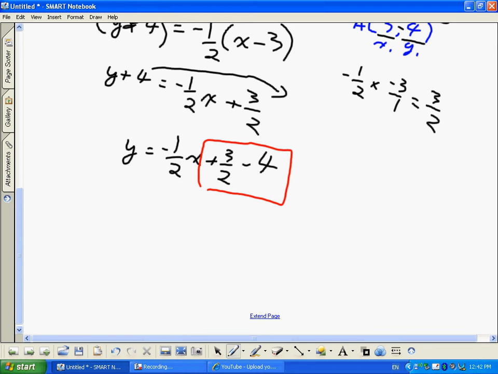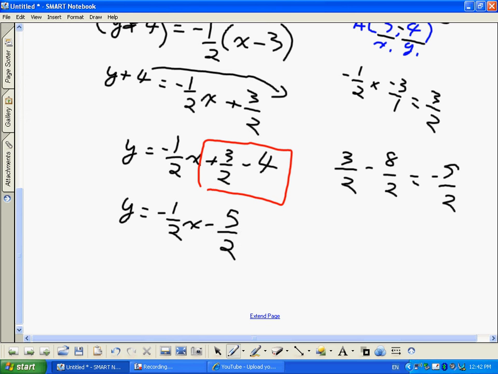I'm going to turn the 4 into a fraction, or I could have turned the 3 over 2 into a decimal number, whatever you guys want to work with. The 4 becomes 8 over 2. So this becomes negative 5 over 2. Y equals negative 1/2 x minus 5 over 2. Okay? We're done with that there.